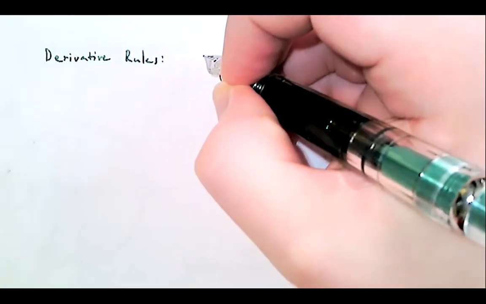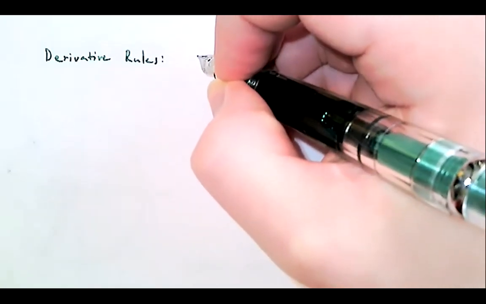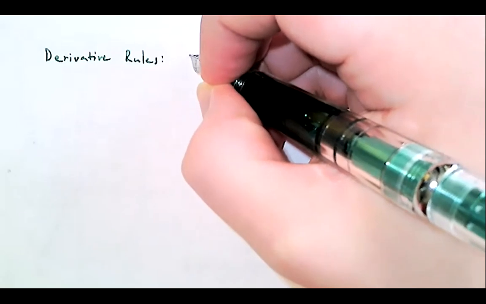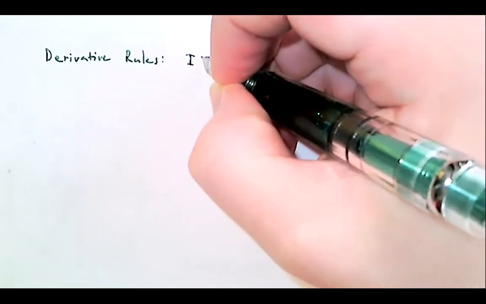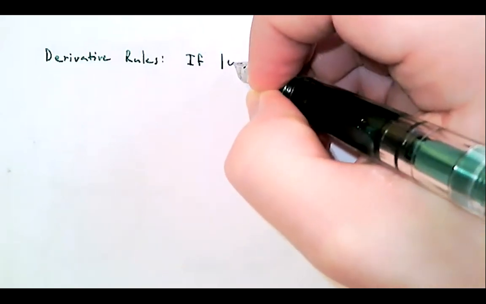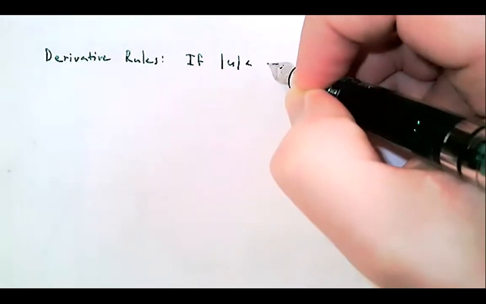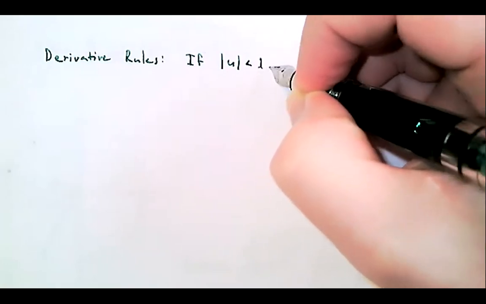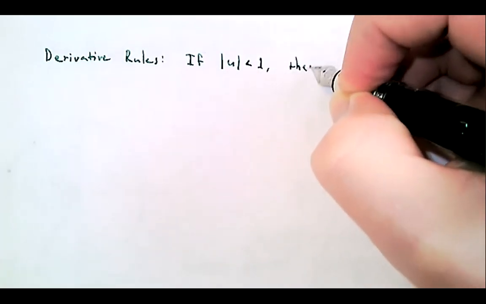Let's see. So I want to write it in terms of the chain rule, essentially. So instead of having x plugged in, I'm going to have some function u. And then we get two rules, or I'm going to tell you two rules.